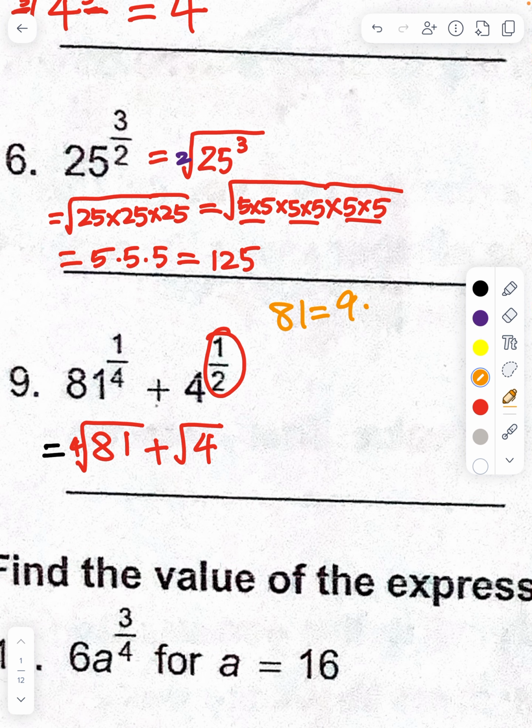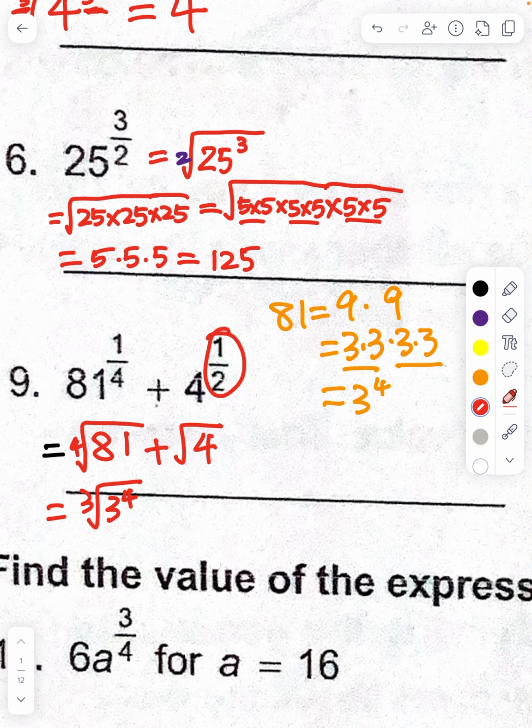And each 9 I can write as 3 times 3. So I can rewrite 81 as 3 raised to the power of 4, right? So 3 raised to the power of 4.